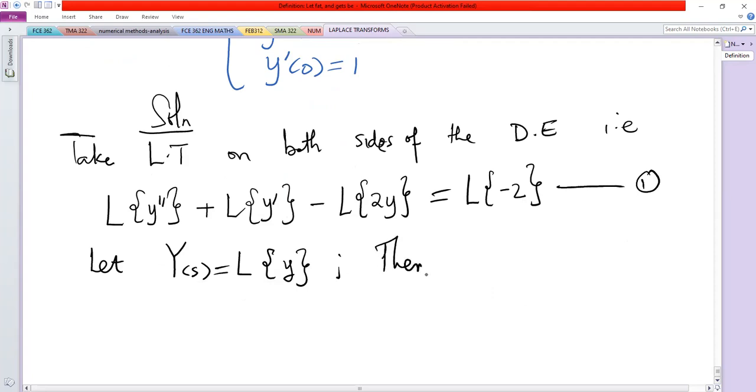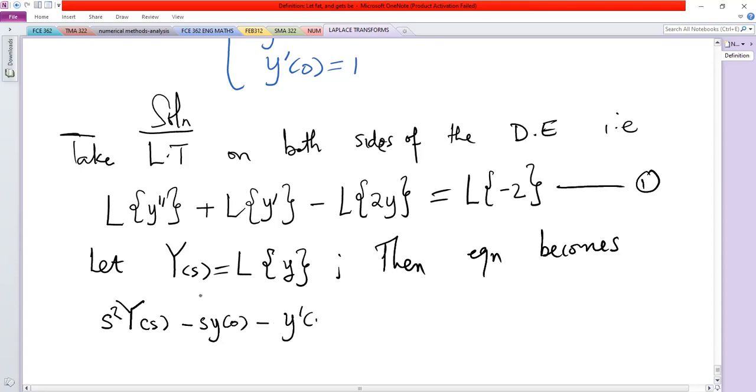Then equation 1 becomes, we know by definition that the Laplace transform of the second derivative is given by s squared capital Y of s minus s y at 0 minus the derivative of y at 0.